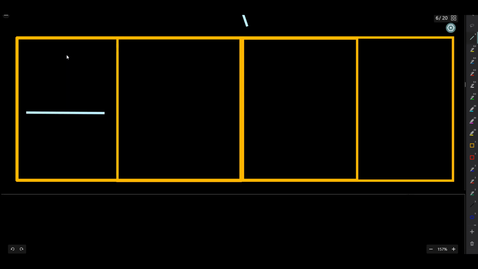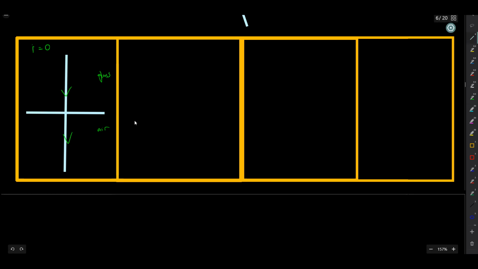Light enters perpendicular to the surface, no refraction. So quite straightforward. This is glass, and then this is air. So it goes through straight. This is when i equals 0. There's no angle of incidence here.